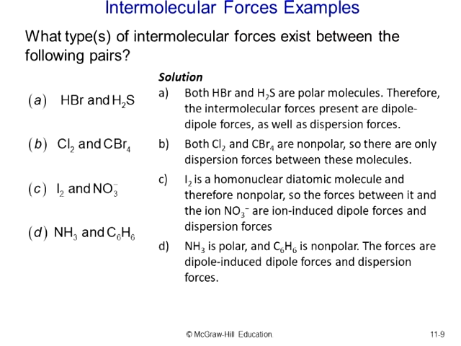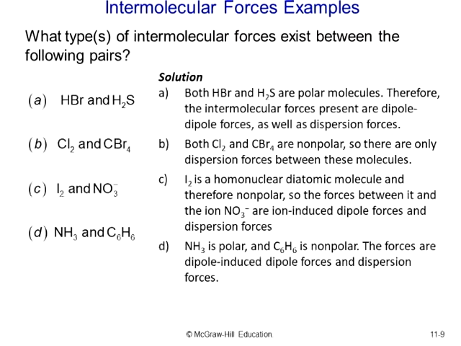Let's take I2 and NO3 minus. I2 is a homonuclear diatomic, meaning that it's a diatomic in its natural state, and it's a diatomic with the same exact atoms, and therefore it is nonpolar. We get that because, again, they're the same atom.